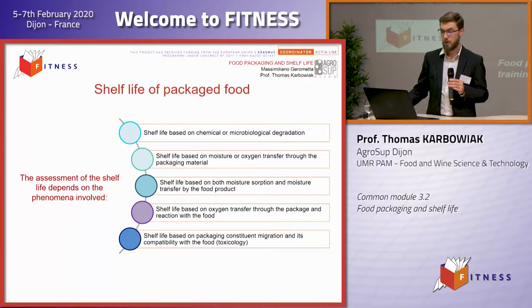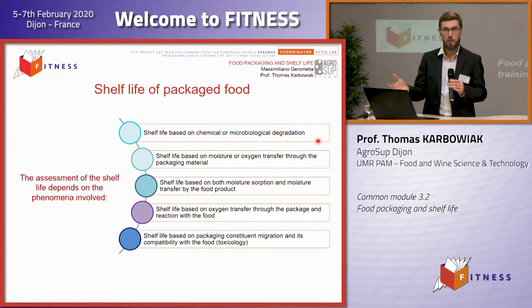So I sum up here different situations. The first one is shelf life based on chemical or microbiological degradation. That means you can simply consider the chemical kinetics for the deterioration of a component of the food and follow it, or you can follow the microbial growth on the food.